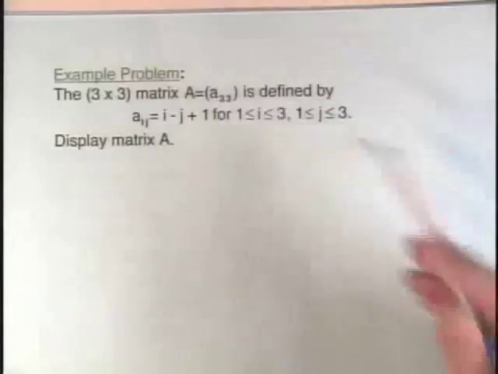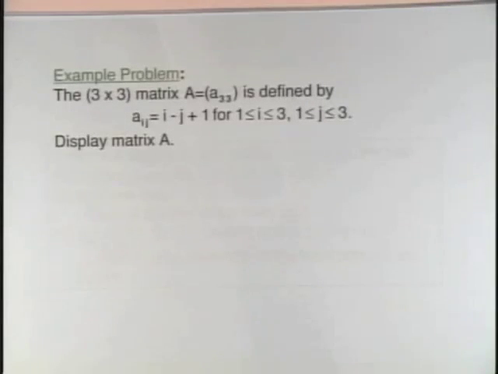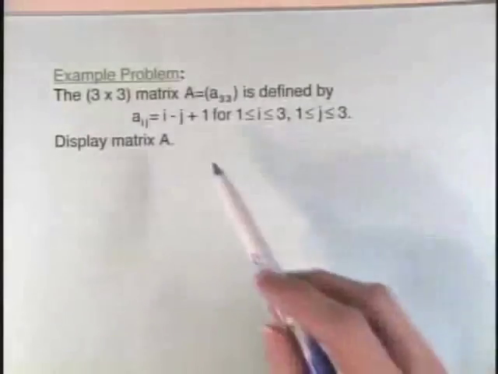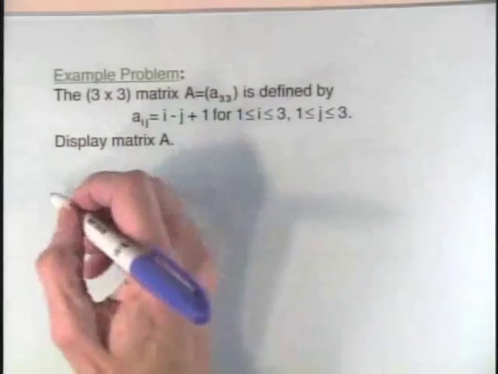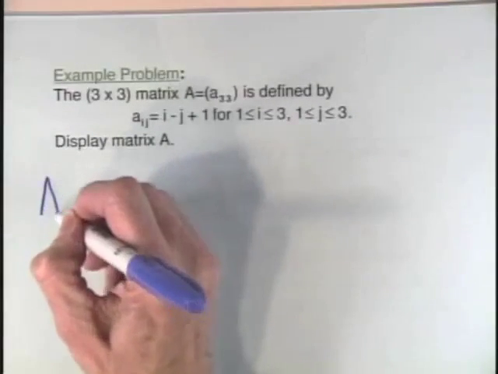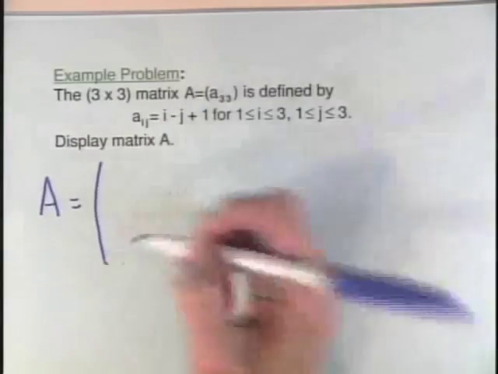The 3x3 matrix A equals parenthesis A sub ij is defined by A sub ij equals i minus j plus 1 for i and j both ranging from 1 to 3. Display matrix A. Again, we'll write matrix A with its general subscript notation. A has 3 rows.